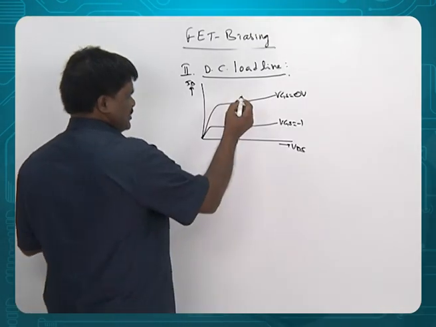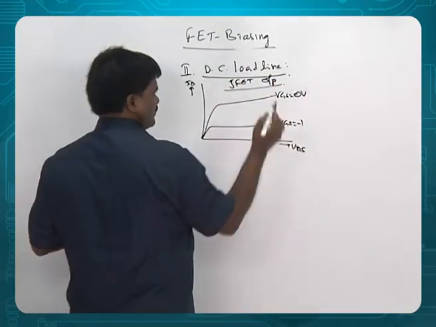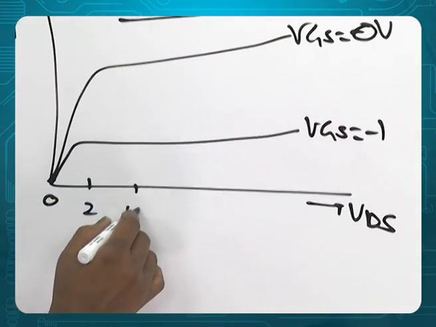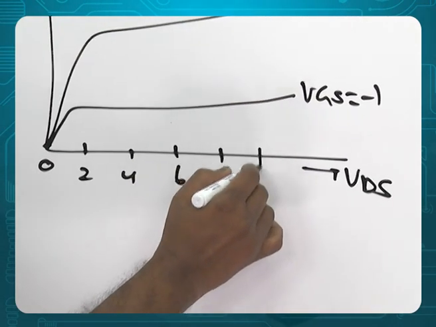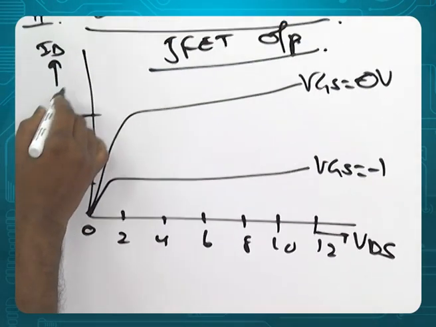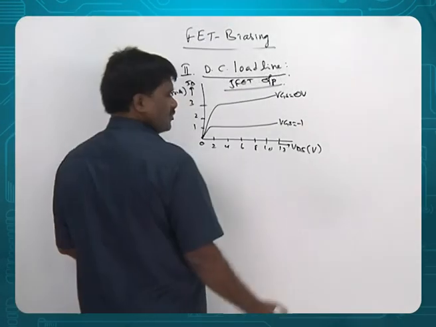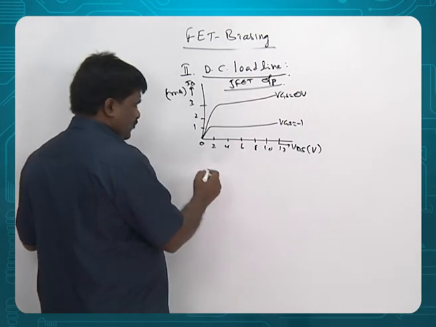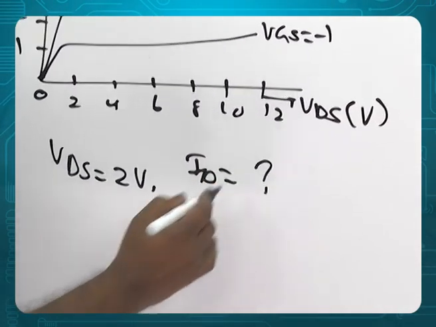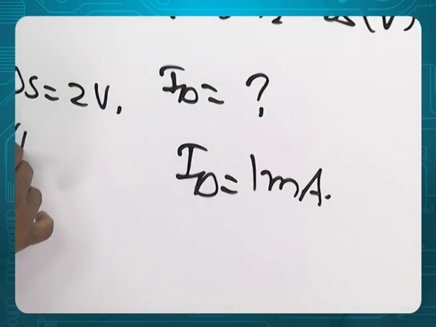I am talking about JFET output characteristics. Suppose this is 0, 2, 4, 6, 8, 10, 12, and 1, 2, 3. ID is in milliamperes, VDS is in volts. Then the question is, for VDS equal to 2 volts, what is ID? For ID is 1 milliampere, what is VDS?